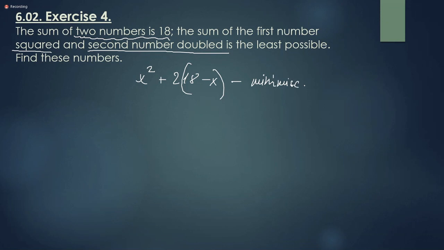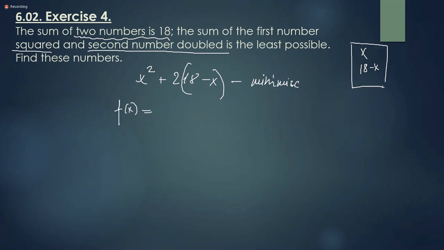How do we find the least value? How do we find the point, actually, where the value is the least? So the two numbers are, of course, x and 18 minus x, but the rest is use calculus. So we create a function. We set up these two numbers in terms of x. One is x, then the other one is 18 minus x.